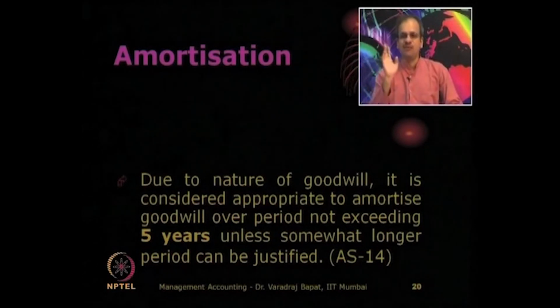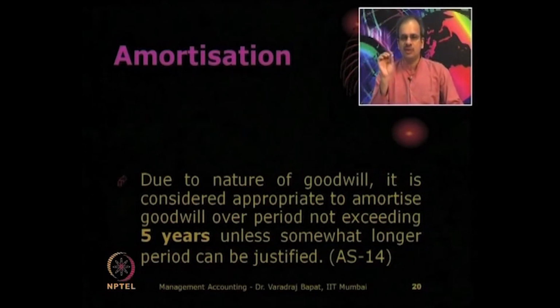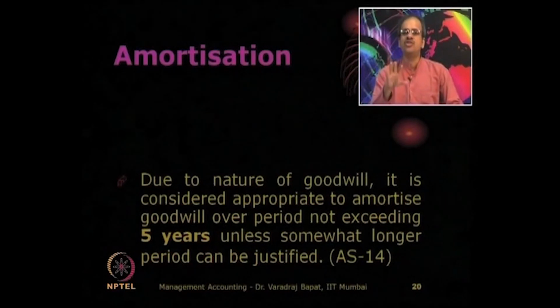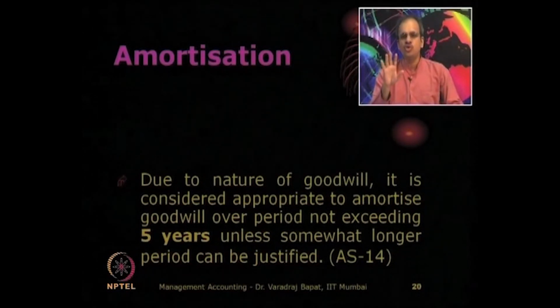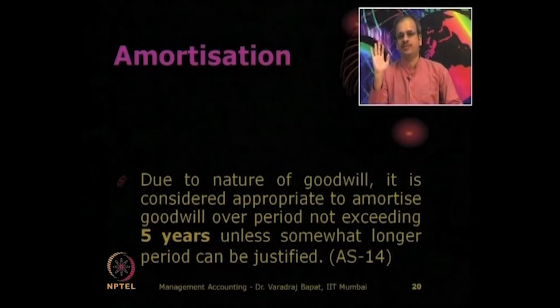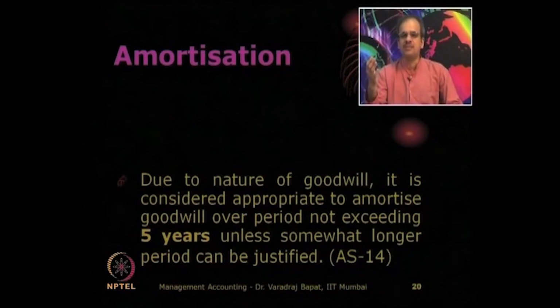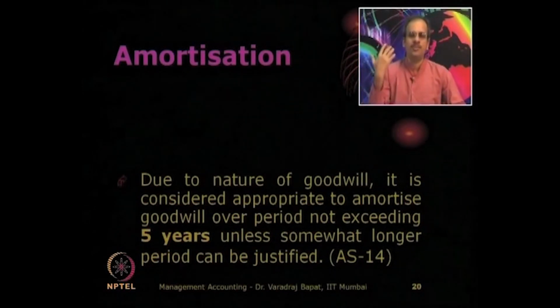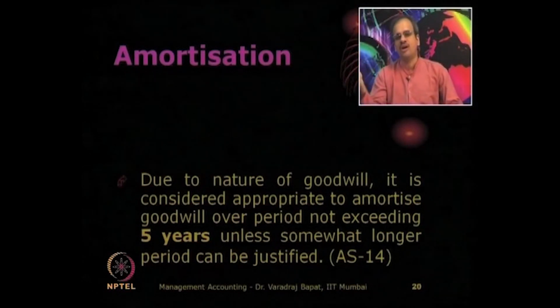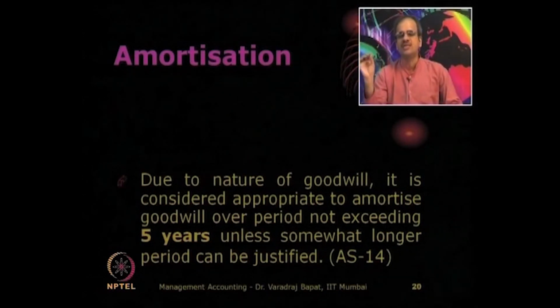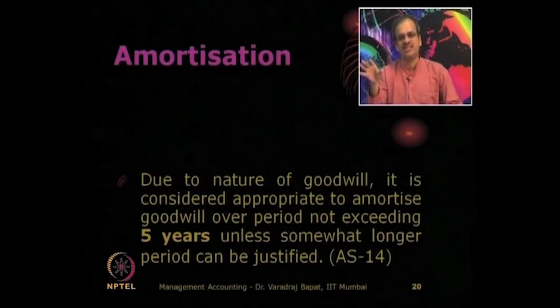That is why AS 14, which talks about goodwill, says that goodwill should be written off usually within 5 years. Only in exceptional circumstances you can use a longer period. That also cannot be longer than 10 years. But the norm is that goodwill is written off within 3 to 5 years.